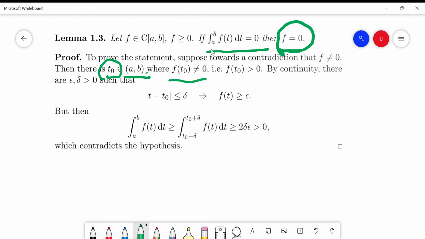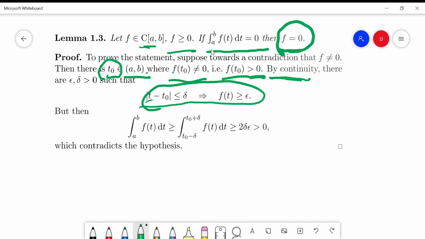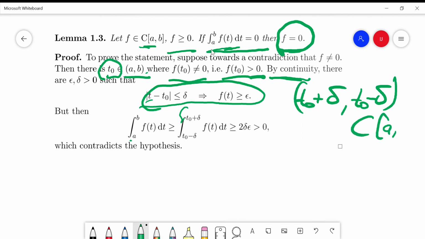It's obvious, and it's greater than 0 because we always have non-negativity. Then since the function is continuous, by definition of continuity we can write in this form. And let's look at this integral. Since this t plus-minus delta is a subinterval of (a, b), we can write in this form.